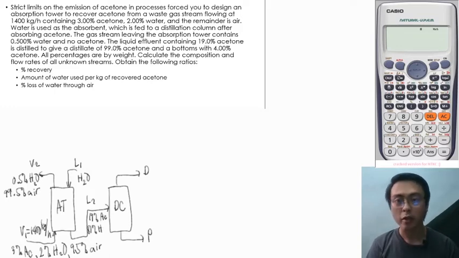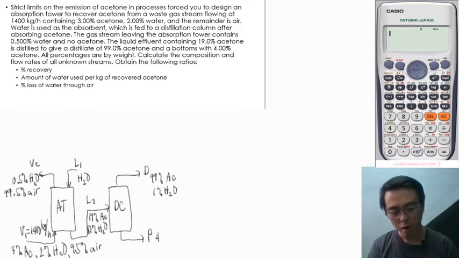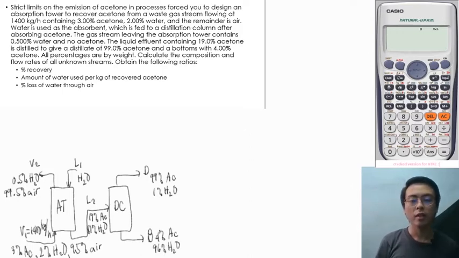So that is fed to the distillation column, and that is distilled to give a distillate of 99% acetone. The balance, of course, is water. And a bottoms with 4% acetone. Sorry, this should be bottoms. 4% acetone. The balance, 96%, is water. Okay, that is our entire process.